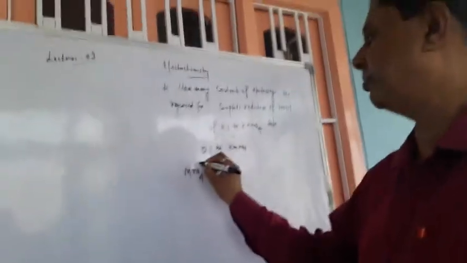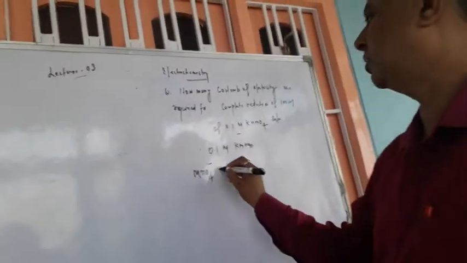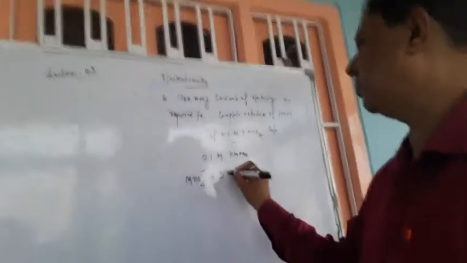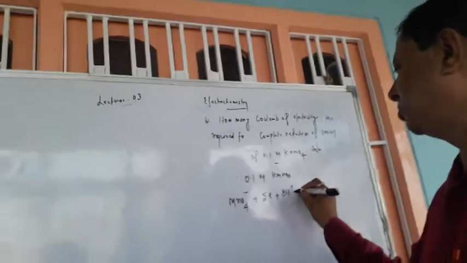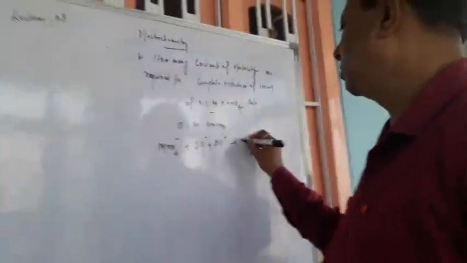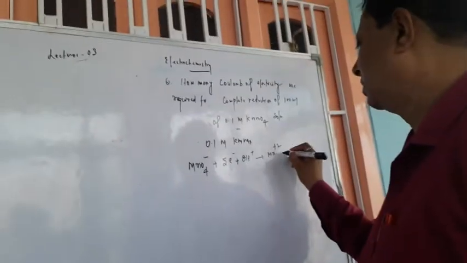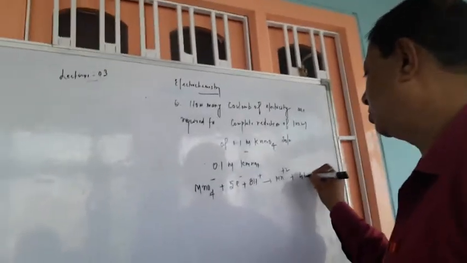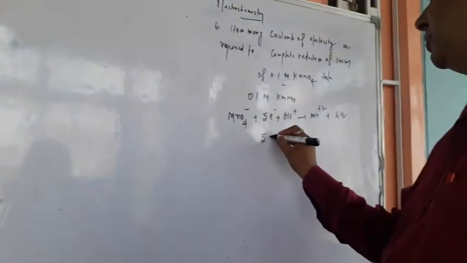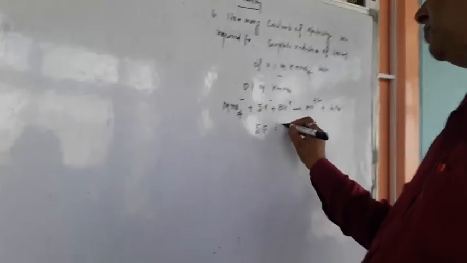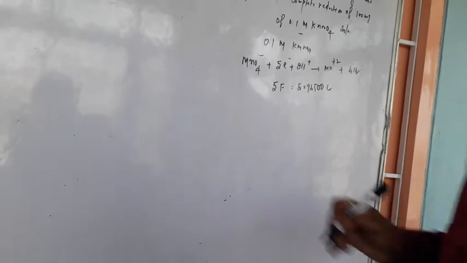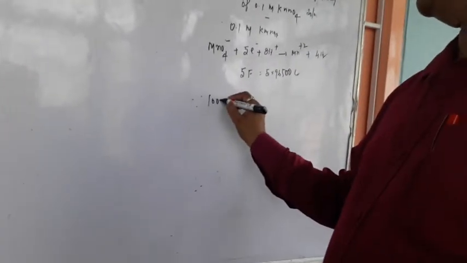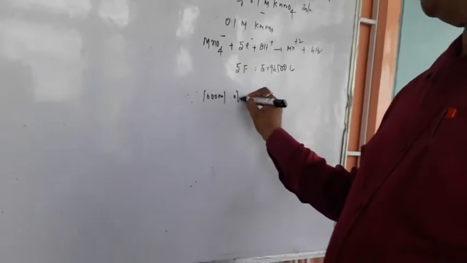When potassium permanganate undergoes reduction in acidic medium, it takes 5 electrons and converts into Mn2+. That is 5 Faraday, that is 5 into 96,500 Coulomb.